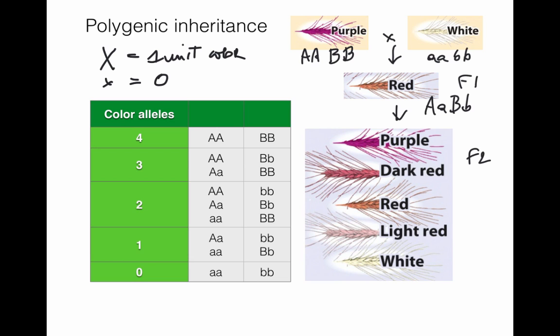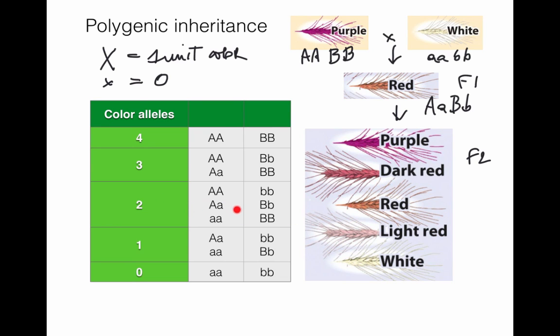So if you think of it that way, you can then see how having 4 uppercase alleles gives us the deepest color. This is the 4 alleles. And then having 0 of these uppercase alleles gives us the lightest color, which is white. And then everything in the middle would be intermediate. For example, here's a class that has 1 color allele, and it could have just a big A or just a big B, and it would give us the phenotype light red.